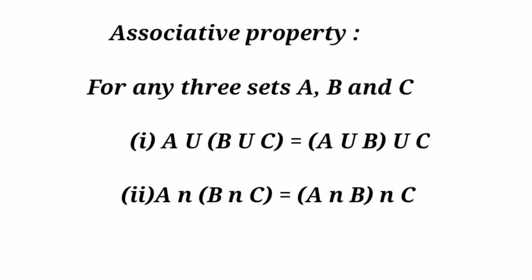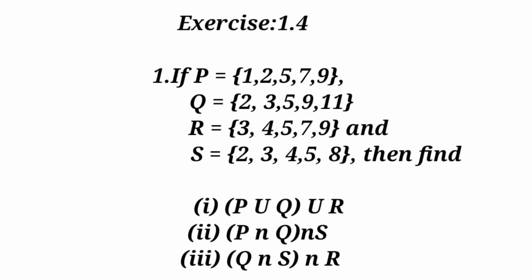Second, (A intersection B) intersection C is equal to A intersection (B intersection C). Set intersection is associative. Here we use two properties only, commutative property and associative property. Next we see the exercise sums.